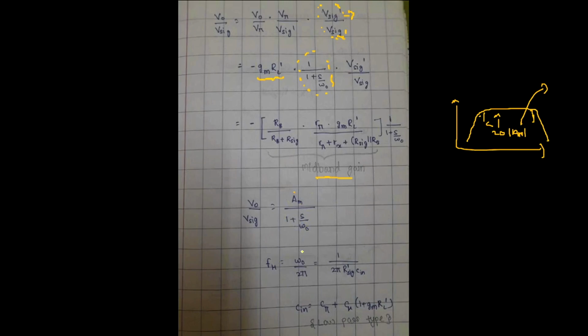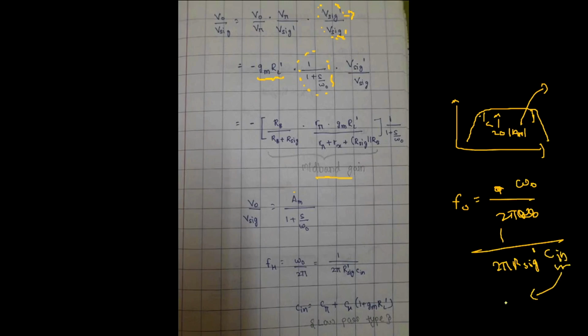Like I said, my frequency F naught is omega naught by 2 pi, and it's 1 by 2 pi R signal dash into C input. And again, I know the value of C input to be C pi plus C mu into 1 plus GM RL dash.